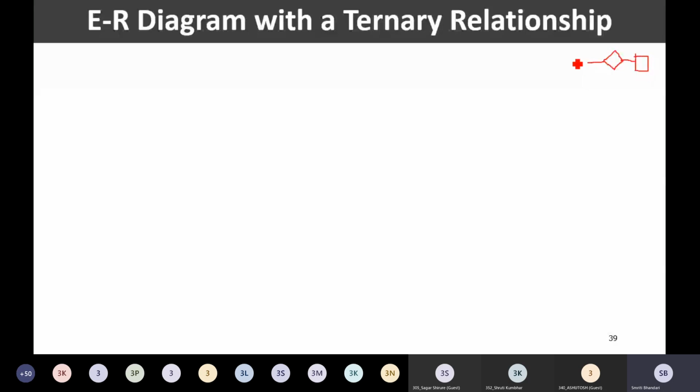This is my binary relationship. But it is possible to have more than 2 entity sets participating in a relationship set. If 3 entity sets are participating in the relationship set, we say that it is a ternary relationship.